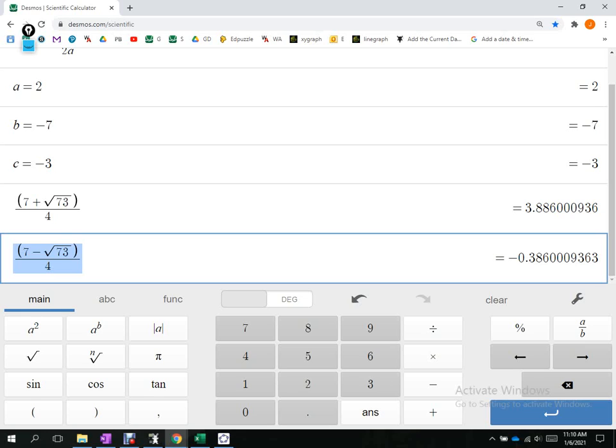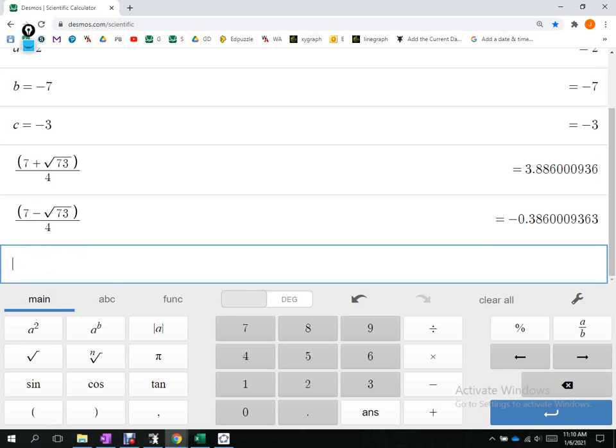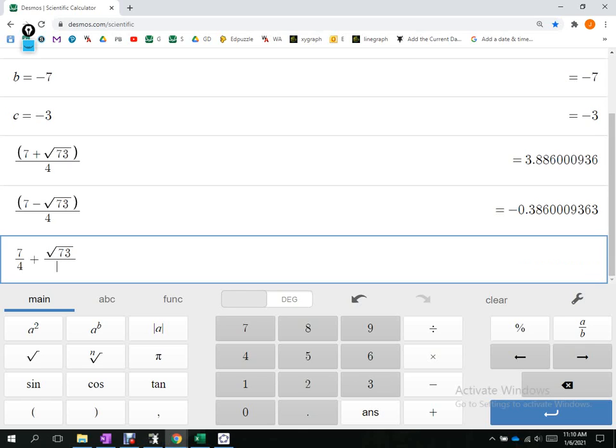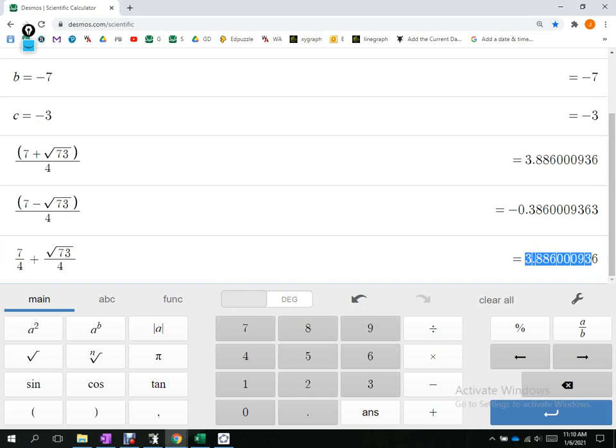Okay. Now there are other things that happen. We can simplify. So let me ask you this. Is 7 divided by 4 plus the square root of 73, that divided by 4, does that give me the same 3.88 number?